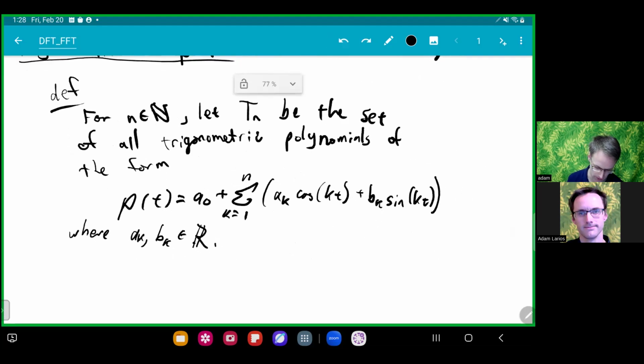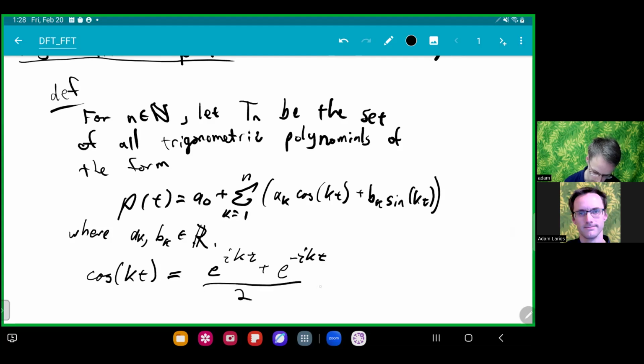You might wonder why it's called a polynomial in this case, because with the trig functions, this doesn't necessarily look like a polynomial. But by Euler's identity, we can write cosine kt as e to the ikt plus e to the minus ikt divided by 2. And then I can write this as 1/2 times e to the it to the k plus 1/2 e to the minus it to the k.